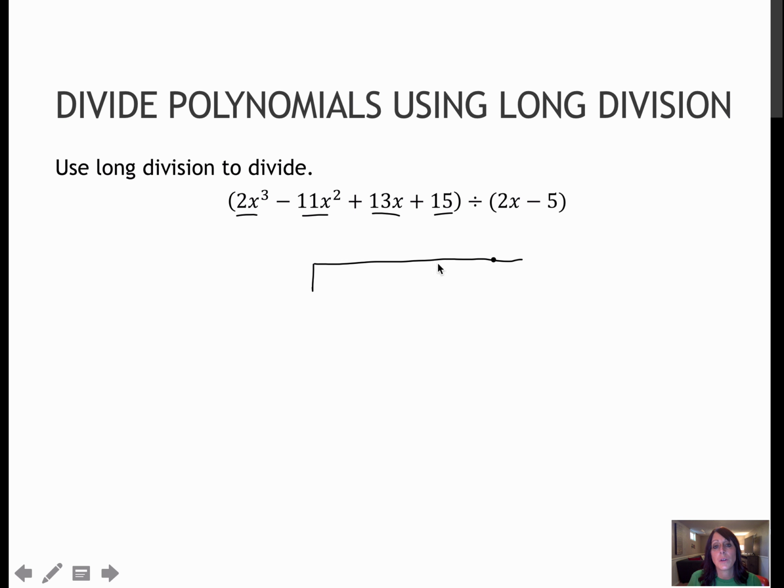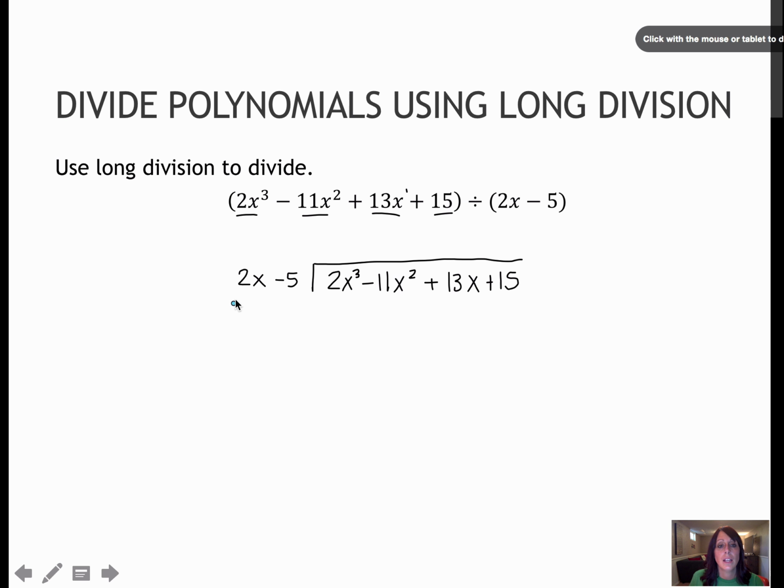My first value goes inside, 2x cubed minus 11x squared plus 13x plus 15. Notice I had a 3, a 2, a 1, and a 0. On the outside, I put whatever I'm dividing by. Now what I'm going to focus on is my first terms. I'm going to look at 2x and 2x cubed. I'm essentially dividing those terms.